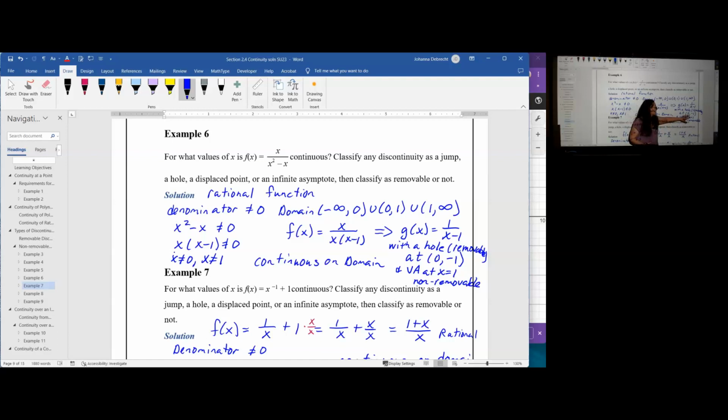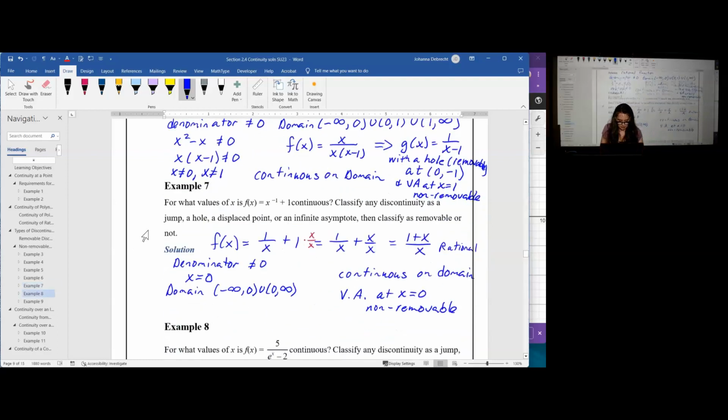And to find the y value at the hole, I substitute the location of the hole at x equals 0 into the reduced fraction, getting -1. It left the factor x minus 1, which did not cancel in the reduced fraction, which means that instead I must have a vertical asymptote at x equals 1. Vertical asymptotes are not removable. Holes are removable.